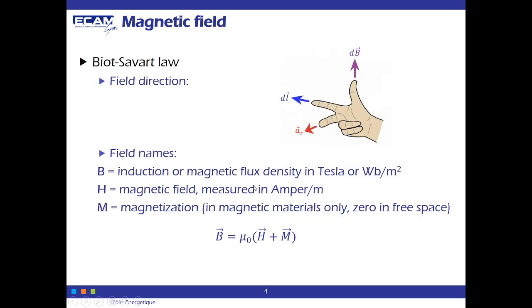So in fact, here we also defined magnetic field as H and the magnetization. In fact, I didn't talk much about the magnetization here because it's generally in the machinery design.